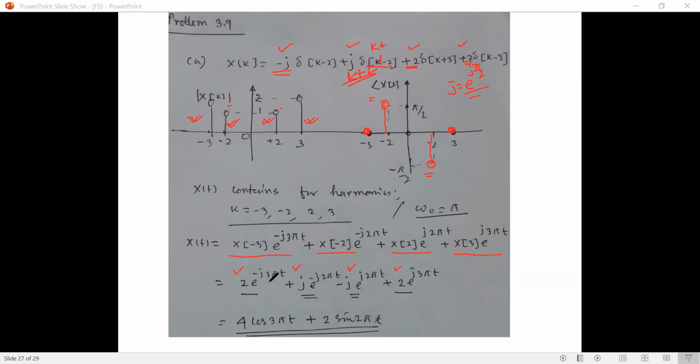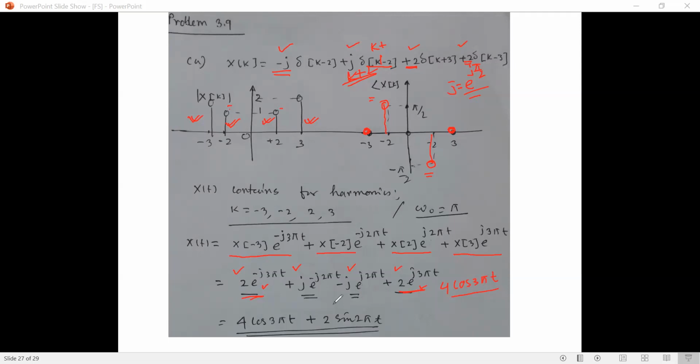At k equal to minus 3 and k equal to 3, they will generate a term equal to what? If we combine these two terms, is it not equal to 4 cosine 3 pi t? Then if we combine the middle two terms, will it give you sine or cosine?